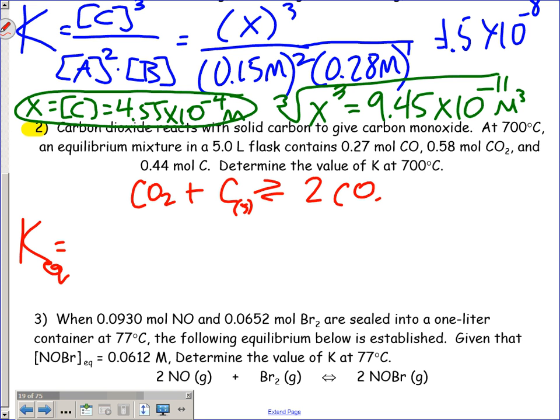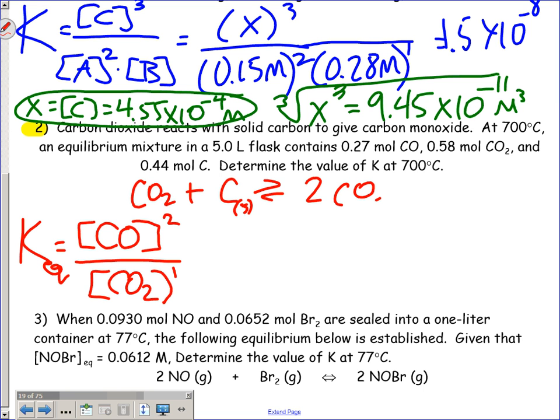How would I set this up? Concentration of carbon monoxide to the second power over carbon dioxide to the first power. Okay, ignoring the constant or the C value because it's a solid.